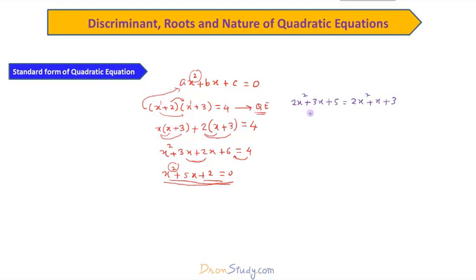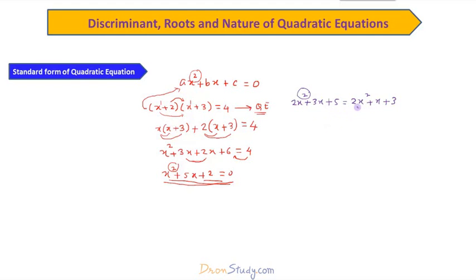And if I ask you whether it is a quadratic equation or not, again most of the students will just check the highest power of the given equation. But here, even though the highest power appears to be 2, first we will have to write this in a standard form, and then we have to check whether the highest power is 2 or not.